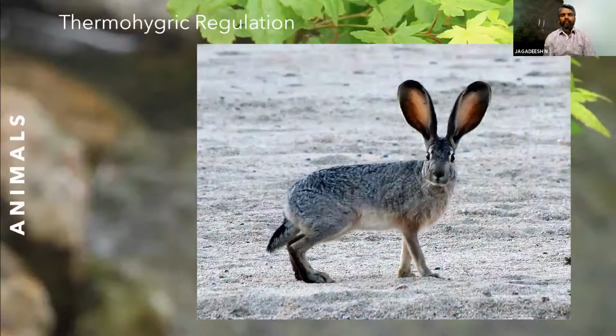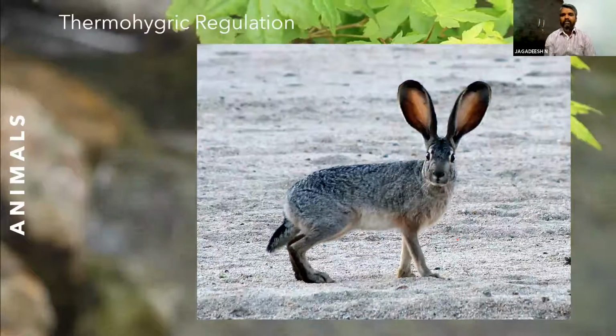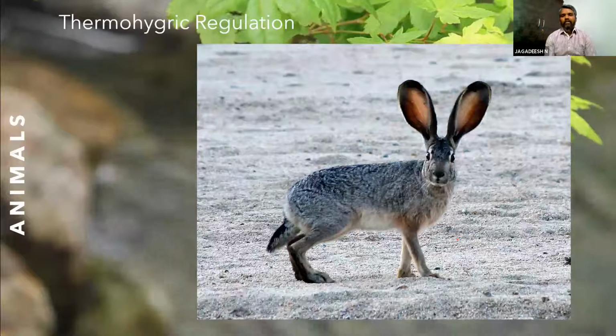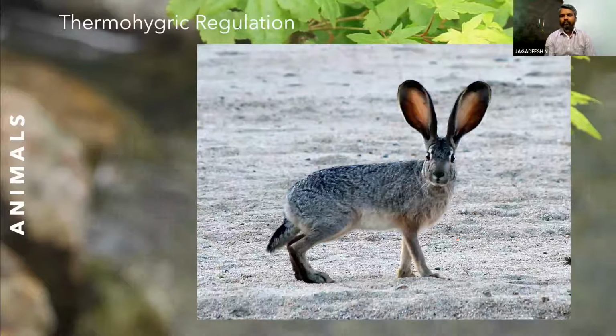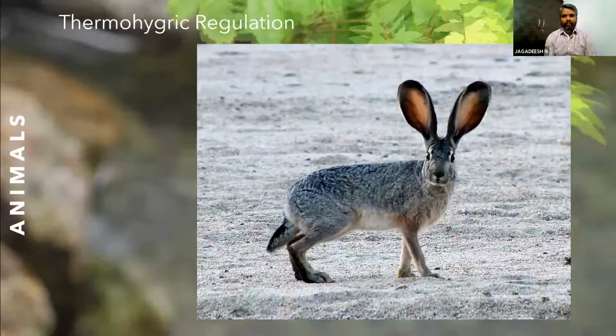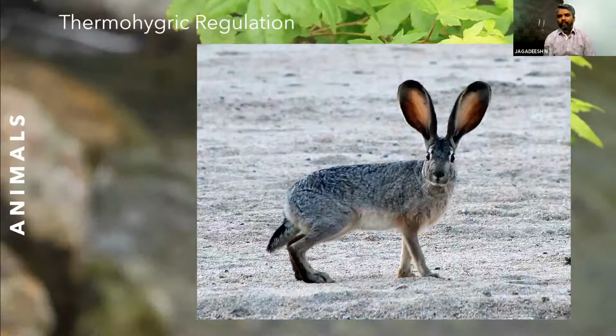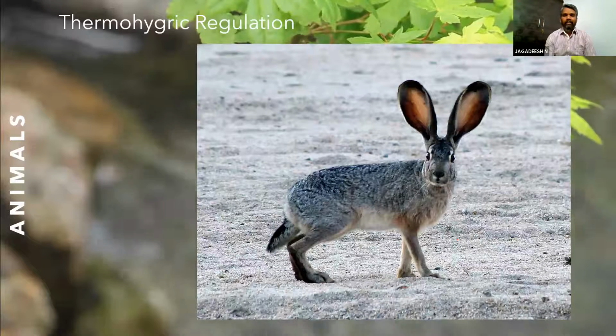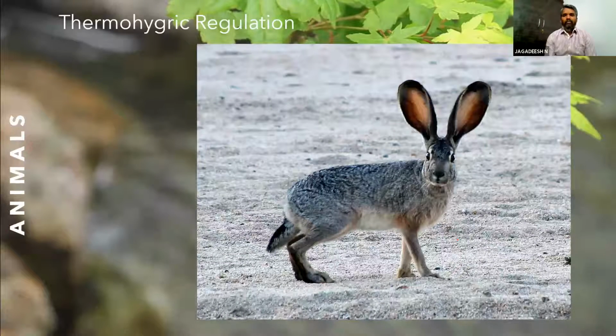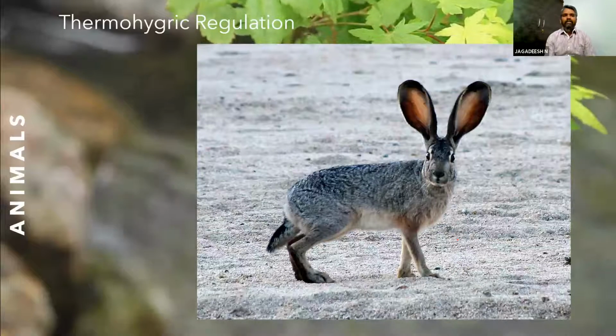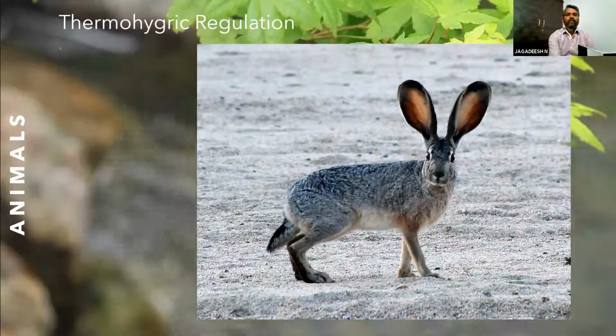First, we move on to the physiological adaptations, how their body parts are adapted or modified according to the temperatures in their ecosystem. The first adaptation is thermohygric regulation.